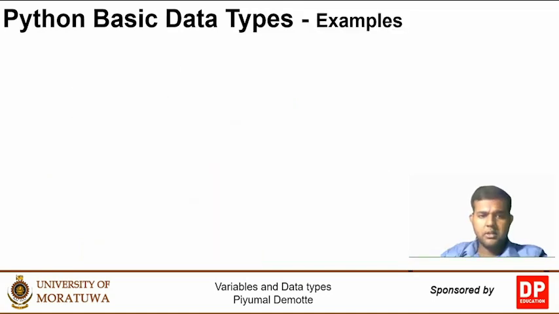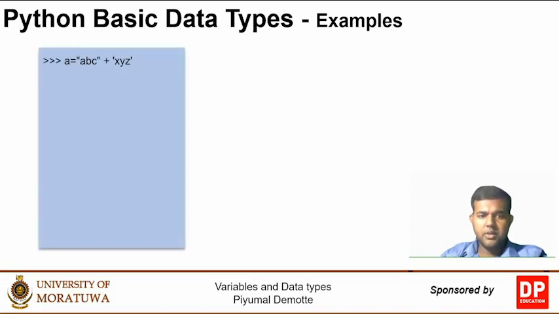Let's proceed and try to understand these basic data types. Here I have illustrated the interactive mode of Python, and the 3 greater than signs refers to the Python prompt where we can evaluate Python expressions. As the first example, I have typed A equals within double quotation "ABC", then plus sign, and within single quotation 'XYZ'.